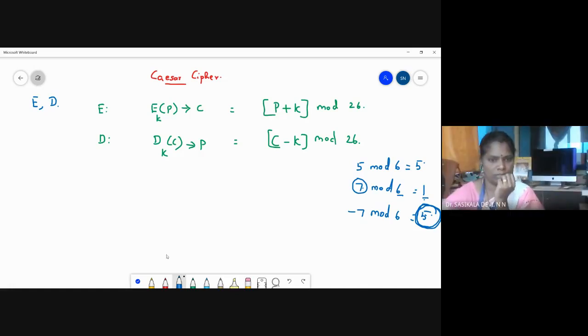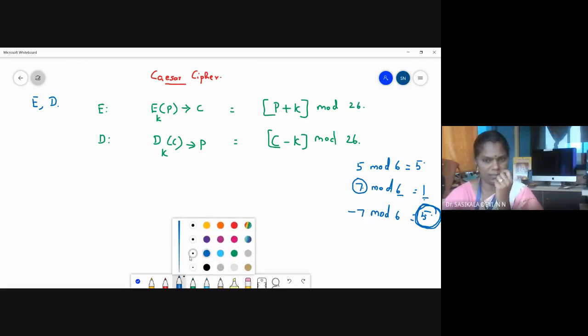Okay. You have been given a formula, but I will give you a simple diagram, just one diagram, so that you can remember this.